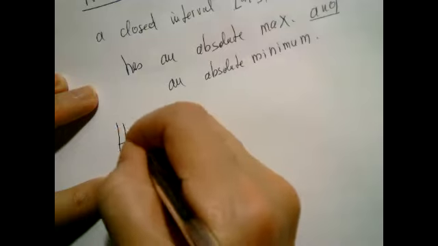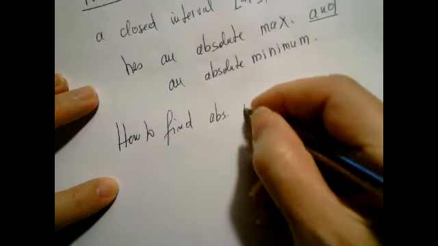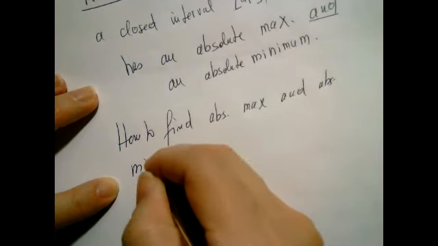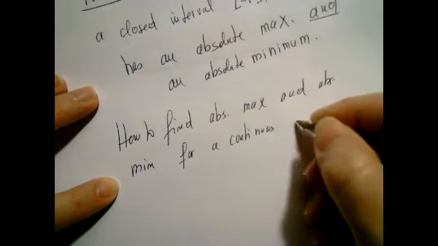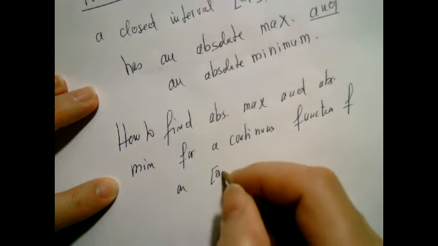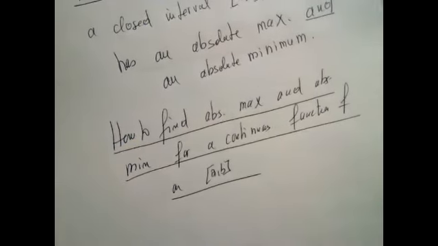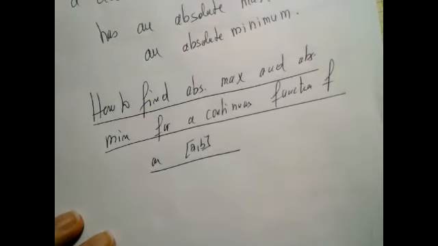So now the question is how to find them. How to find the absolute max and absolute min for a continuous function f on an interval [a, b]?